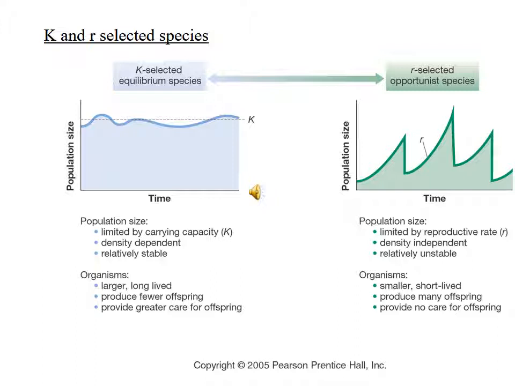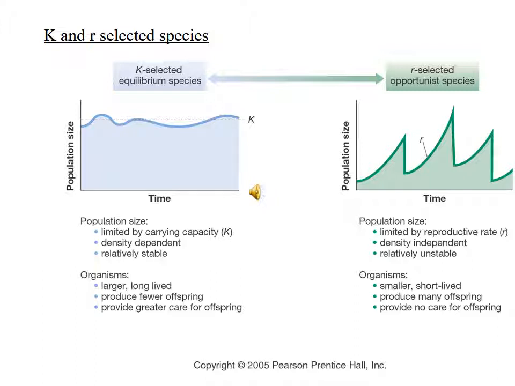Populations of K-selected species tend to be relatively stable. They do not fluctuate. The organisms tend to be large, like elephants and humans. The organisms produce few offspring, like humans and elephants, of course. And the organisms provide great care for the offspring.